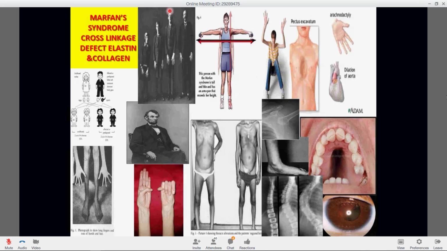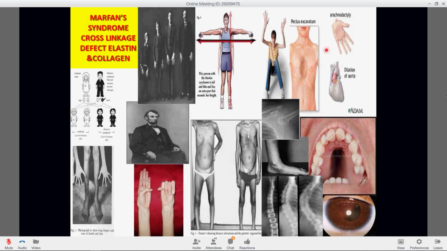As you can see here, this is a patient with Marfan syndrome, and the arm span is more than the height. He has arachnodactyly, and there are long legs and hands.